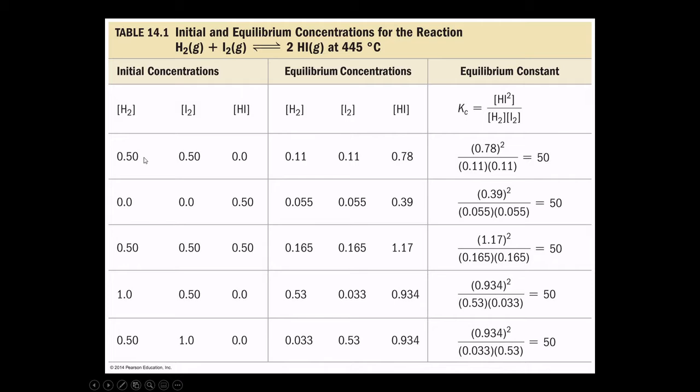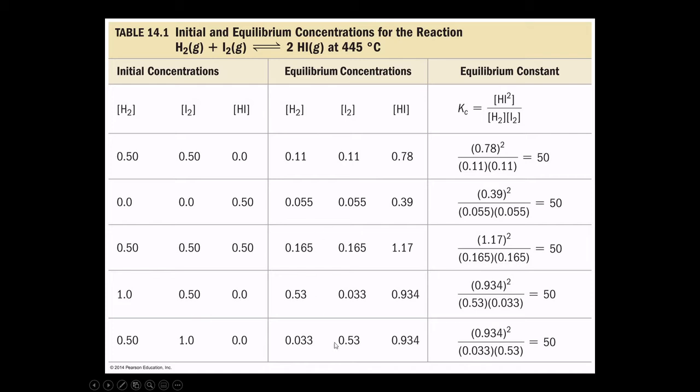So whether we start with only reactants, only product, the same amount of reactants and products, differing amounts of reactants, no matter what it is, as long as we have at least all of the reactants or all of the products, we will always end up at equilibrium.